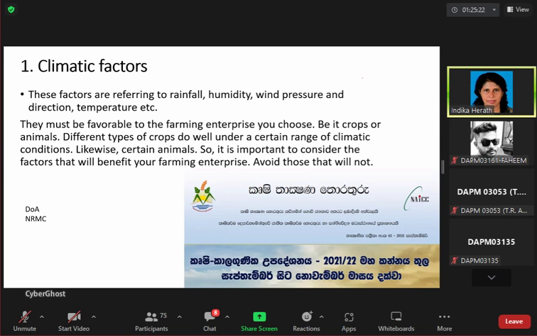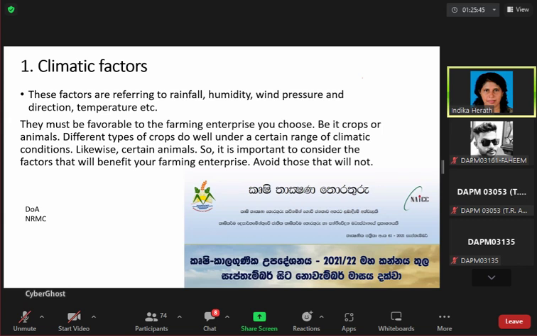Whereas the Department of Agriculture, other than the export agricultural crops, provides advice on all other crops. So you can go to their website, and there are instant hotline numbers where you can call them and find out information.